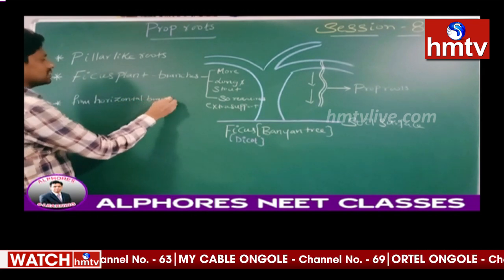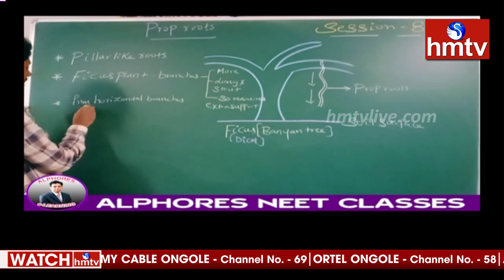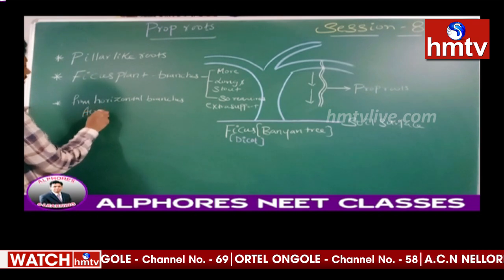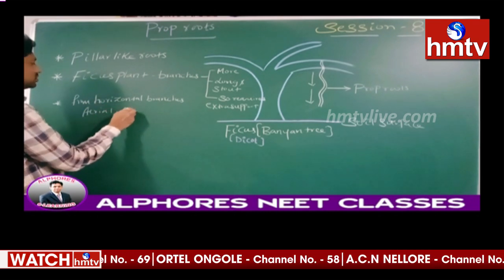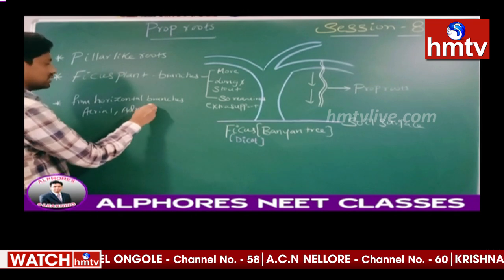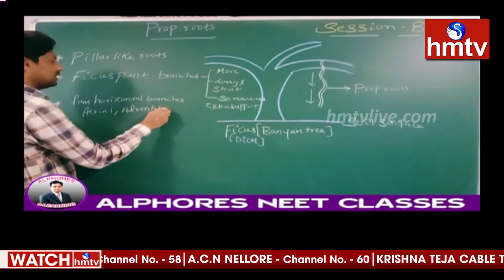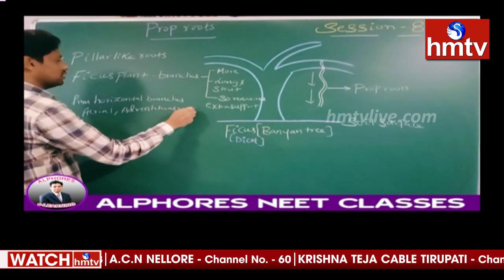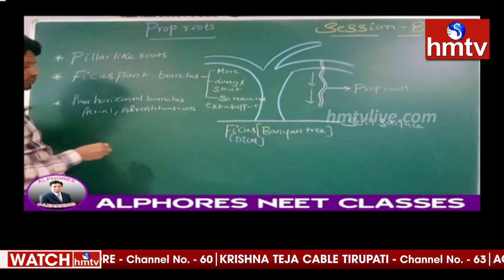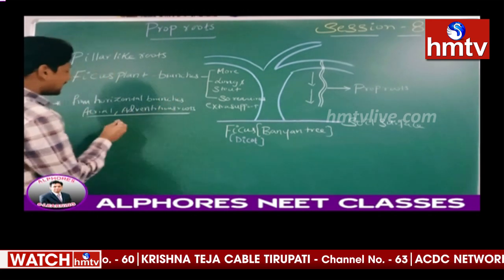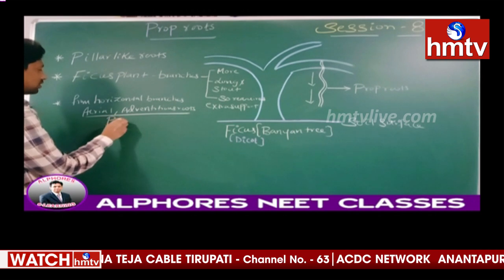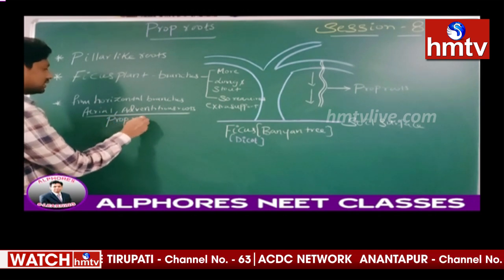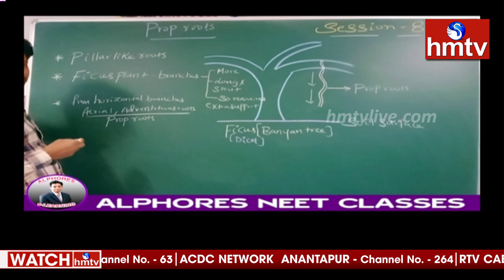From horizontal branches, what are developed, sir? Aerial adventitious roots are developed. Sir, these aerial adventitious roots are called what, sir? Prop roots. Is it okay?